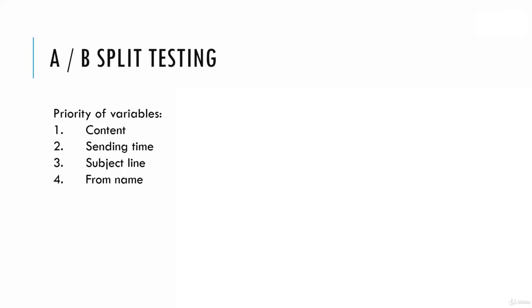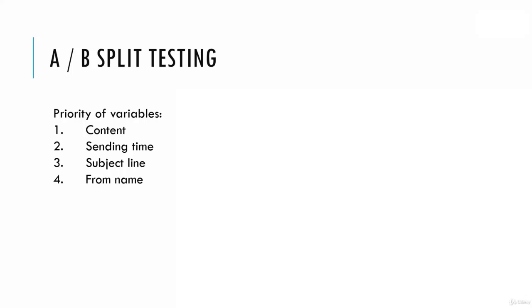Number 3 is the subject line. Subject line is the most simple variable to test. I like to include this test on almost every email because MailChimp split tests the subject line, then delivers the winning subject from the first half to the second half of my email list. So therefore, it's overall increasing my open rates going forward.